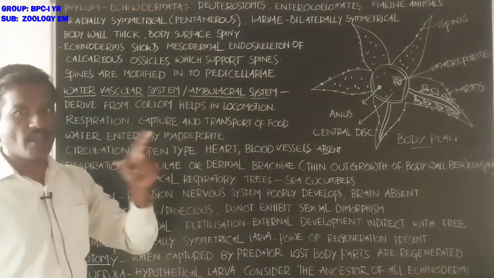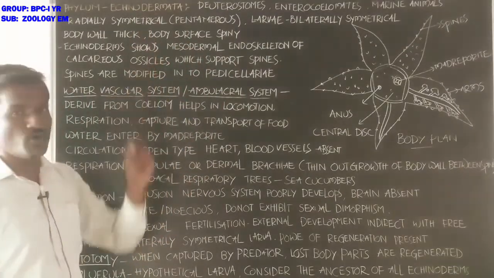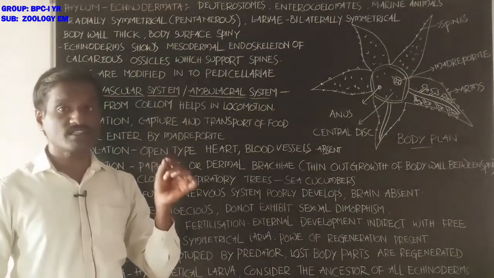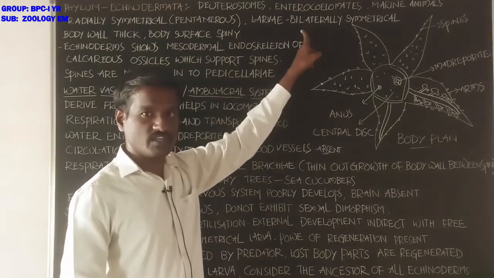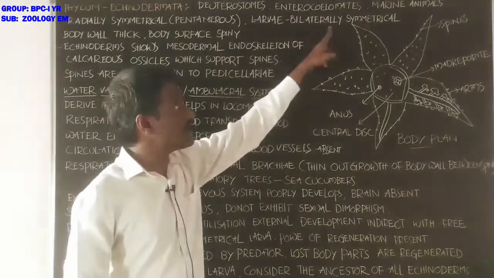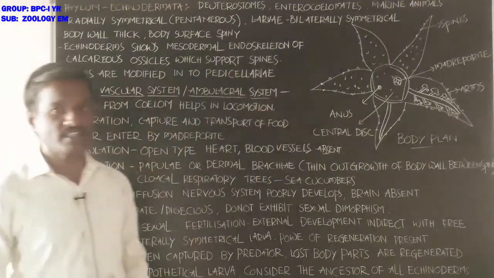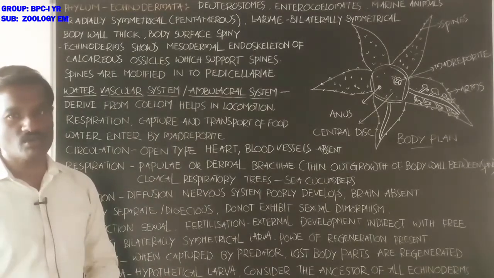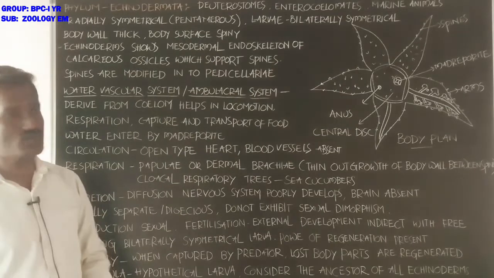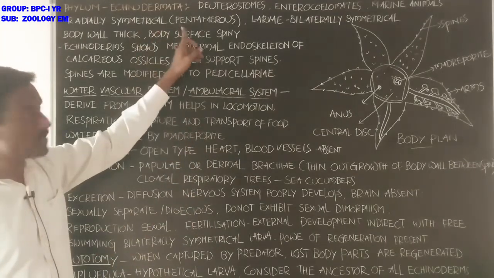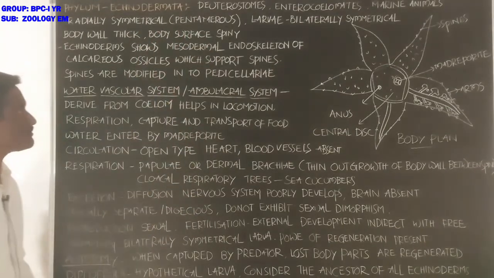Larvae of these animals show bilateral symmetry. When the larvae develop into the adult, they lose bilateral symmetry and show pentamerous radial symmetry.